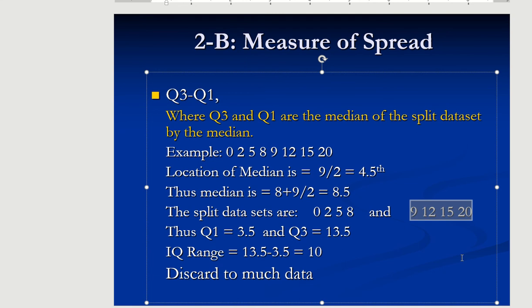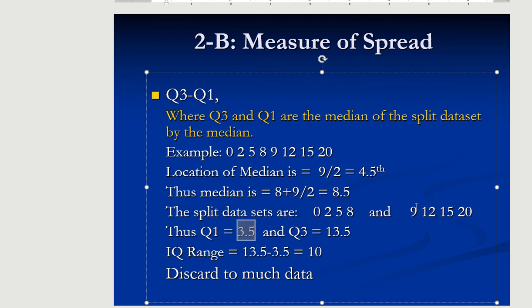Now to find Q1 and Q3, we have to find the median of the lower section and the median of the upper section. You have 4 observations plus 1, that's 5, divided by 2, the 2.5th observation. So Q1 is the average of the second and the third observation. Therefore, Q1 is 3.5.